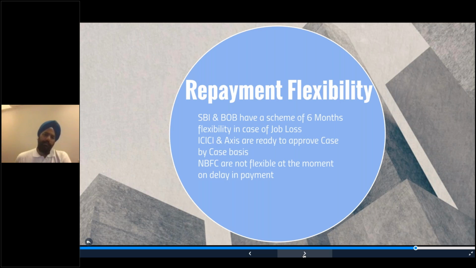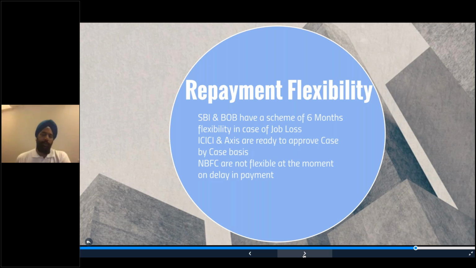Another aspect which comes on board is the international funds, that's the MPOWERs and Prodigies of the world. When there is some repayment flexibility, they all have it on their website.